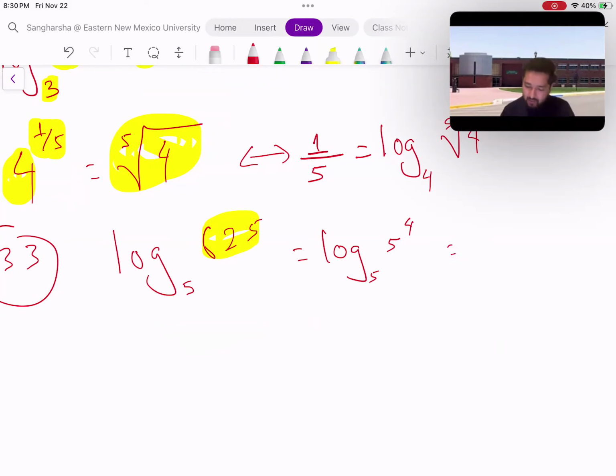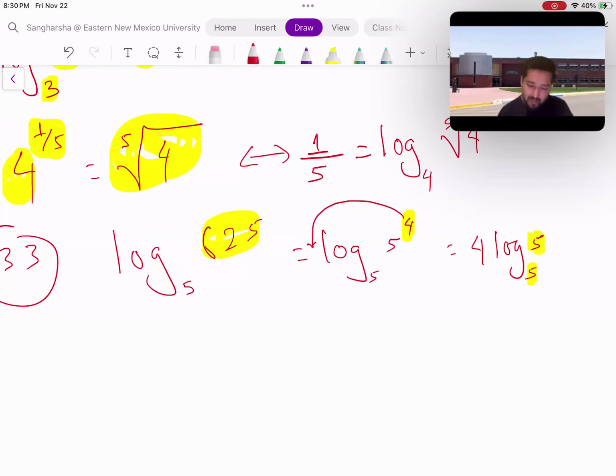Now we use the property. We have this exponent 4, so we can write this exponent in the front of log. So we have 4 times log of 5 to a base 5. Now, what is log of 5 to a base 5? You are finding a log of 5 and the base is 5.